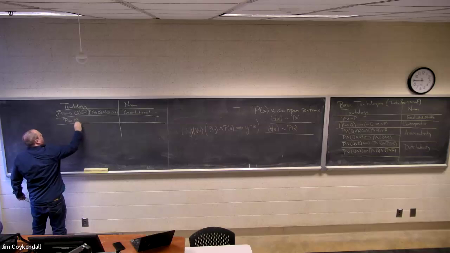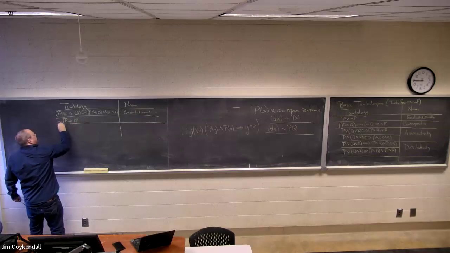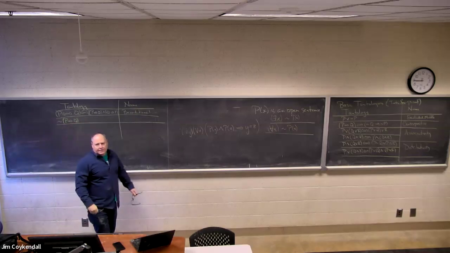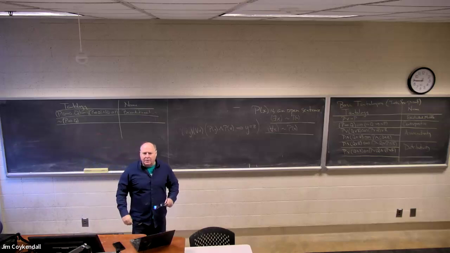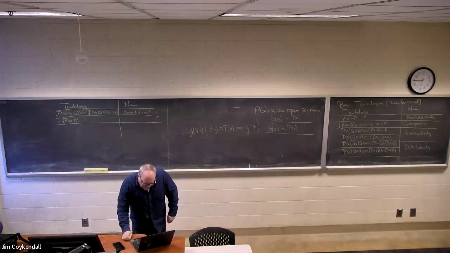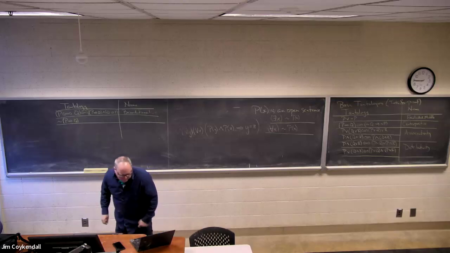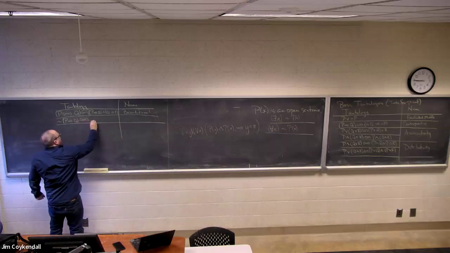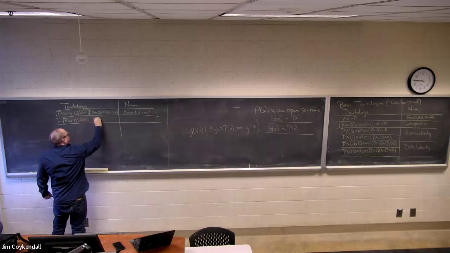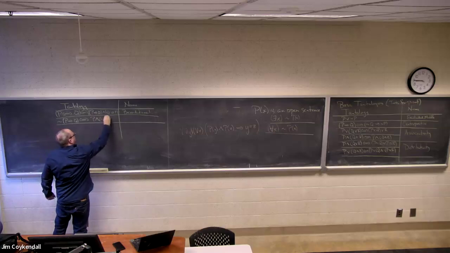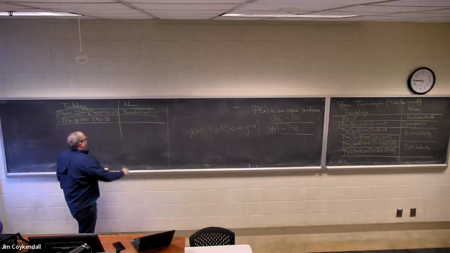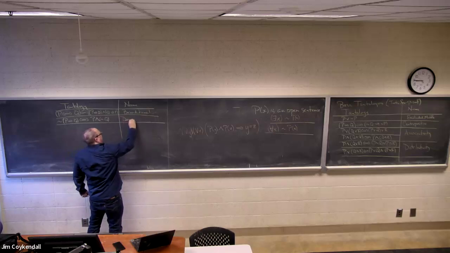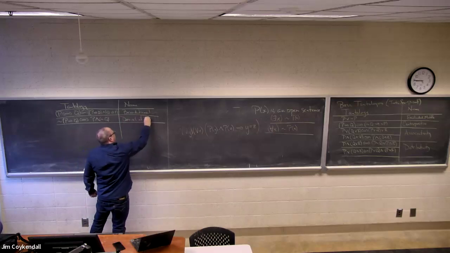Next, not (P implies Q). We've actually shown this one earlier as well. I think we did a truth table on that. This is equivalent to P and not Q. And this is called denial of implication.